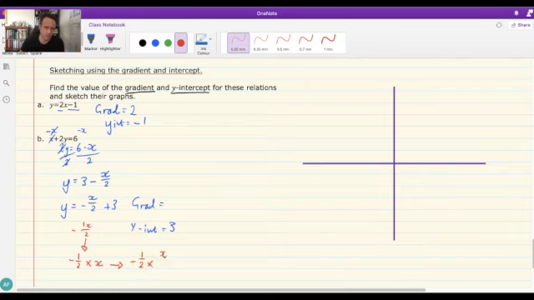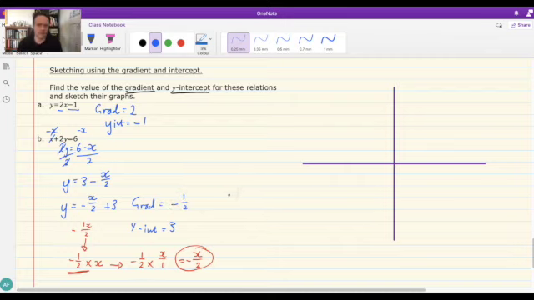So 1 times x is just x, and 2 times 1 is just 2. So we end up with x over 2, and our negative is obviously still there. Hopefully you can see the link between that and the fact that our coefficient of x is negative a half.